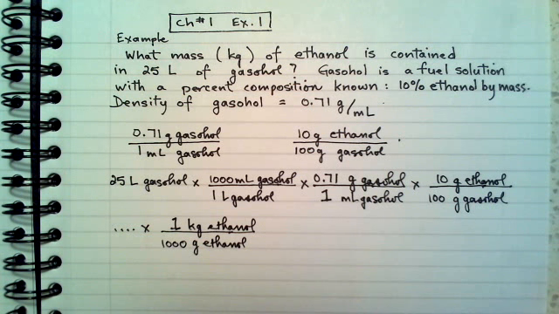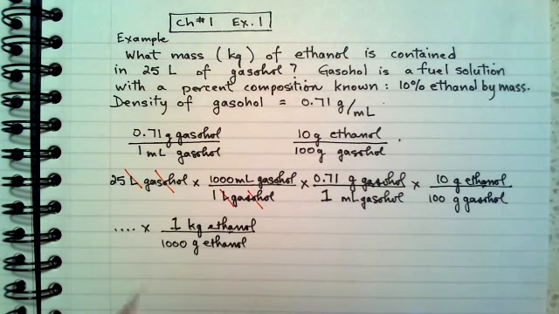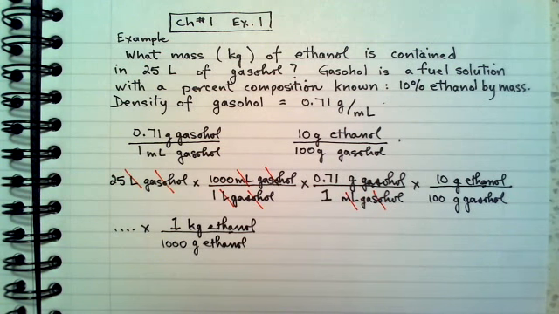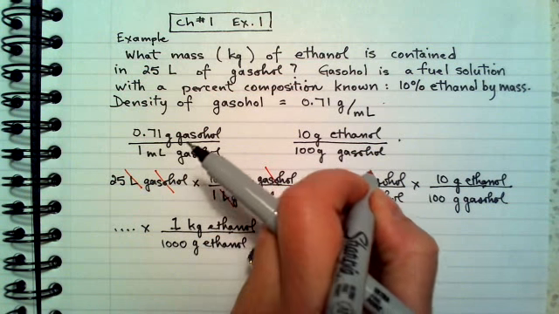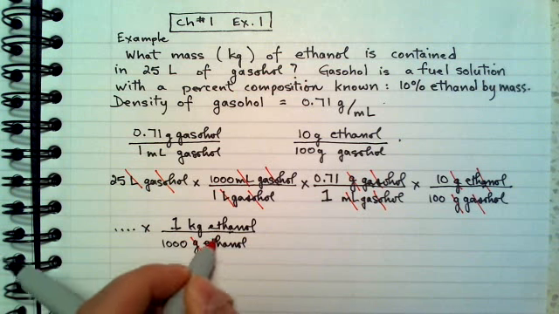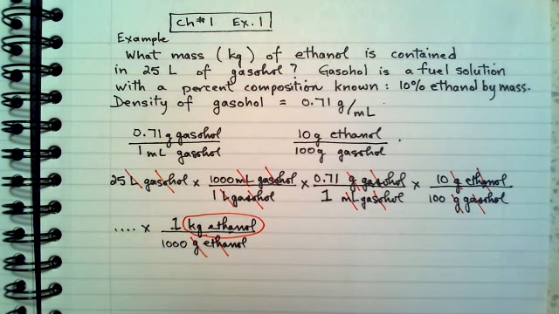As I said in class, you know that you're on the right track because you should be able to cancel everything until what remains is what you're asked for. Grams of ethanol cancel, and I'm left with an answer in kilograms of ethanol.